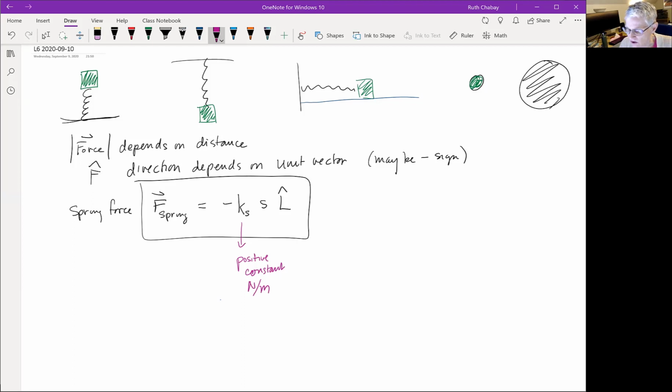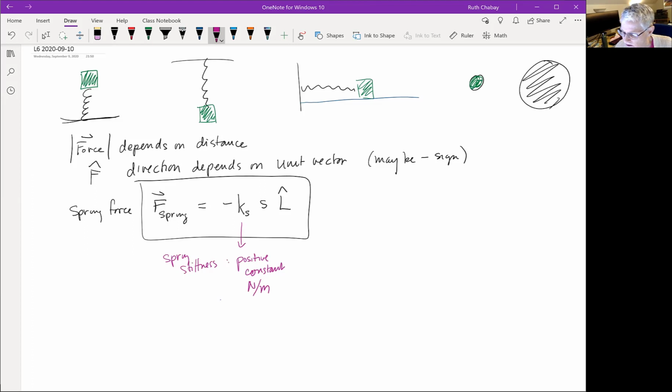It's called the spring stiffness. And it just means how hard it is to compress or stretch the spring. So if the spring is very soft, you don't have to exert much force to compress it or to stretch it. But if the spring is very stiff, you have to pull hard. And so it means how many newtons of force you would have to exert to stretch the spring by a meter.